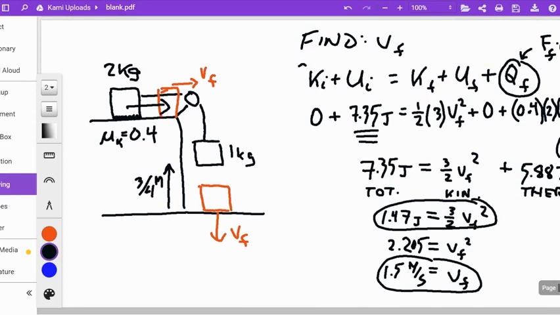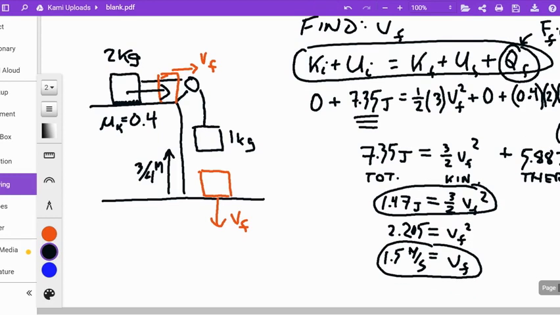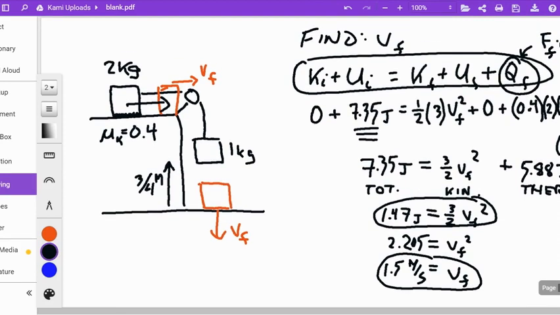The whole problem got solved basically just with this one formula, and you just work it through. Energy is generally easier to use than Newton's second law plus kinematics, because you could have solved this problem with Newton's second law and kinematics, but it would take several steps, 2 different steps to solve it. So energy generally is an easy way to solve problems if you can do it. All right, hope that helps.